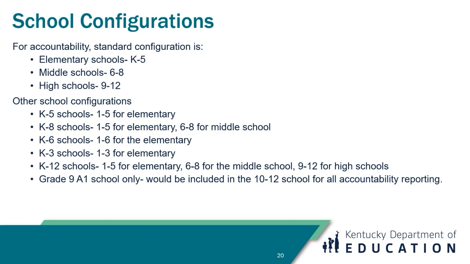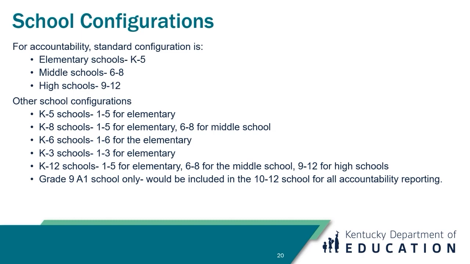But of course, this is not a one-size-fits-all situation, and we recognize that. Schools come in a variety of configurations to cater to the diverse needs of our local communities. So let's explore some of these alternate setups. Schools that start from kindergarten but only go up to the fifth grade would be classified as elementary for grades 1 through 5. The K-8 model, they would categorize grades 1 through 5 as elementary and grades 6 through 8 as middle school.